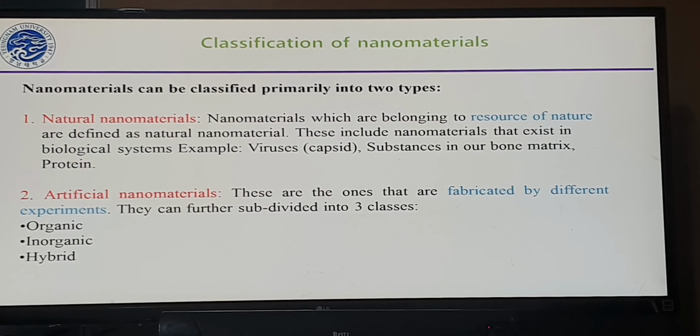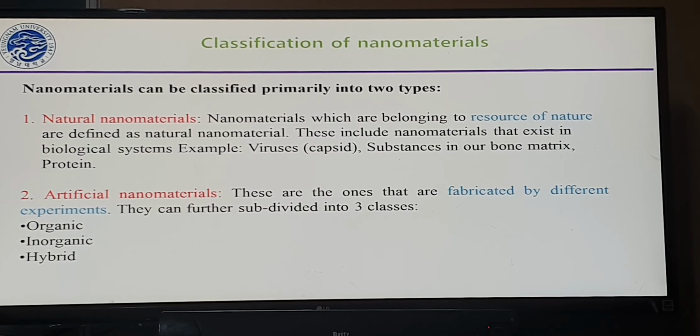Without our preparation, in nature we can observe a few things which exist at the nanoscale, for example some kinds of viruses, substances in our bone matrix, proteins, and the DNA in our body. These all come under natural nanomaterials. We did not prepare them, but by their natural existence they are at the nanomaterial scale. That's why they are called natural nanomaterials.